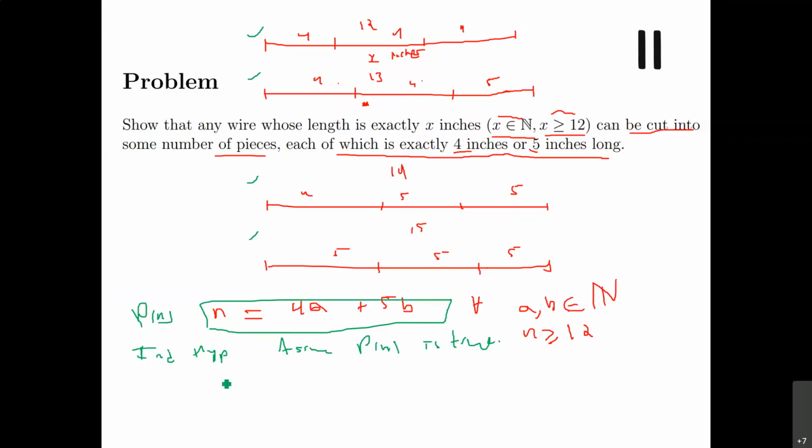Now, let's try to do it for P of n plus 1. For n plus 1, can you break it down into 4a plus 5b?